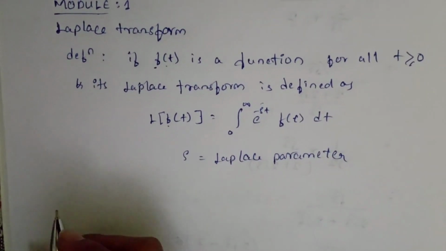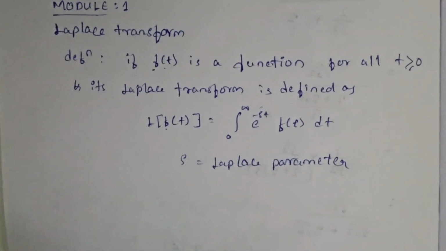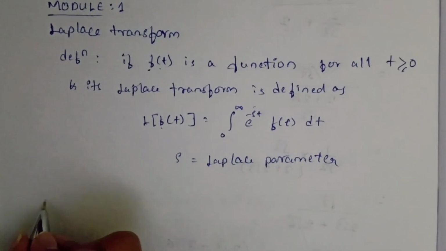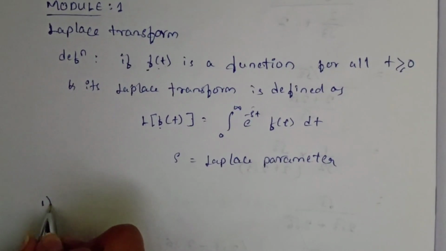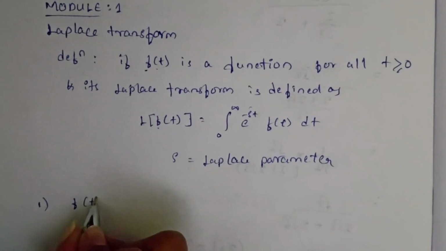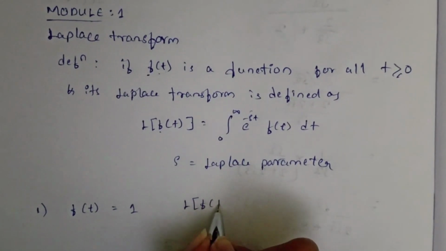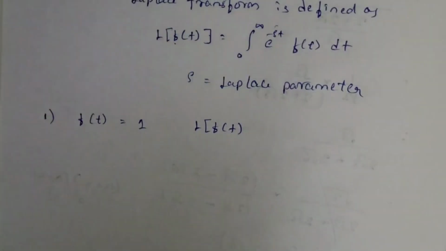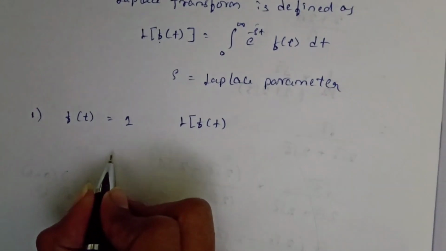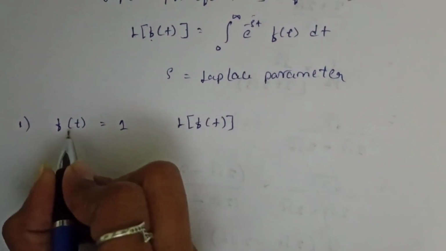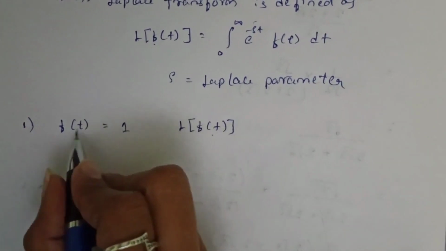Okay, let us consider an example. Let us take f of t equal to 1. So then what is L of f of t? We know that f of t is 1. They have given us the f of t function.